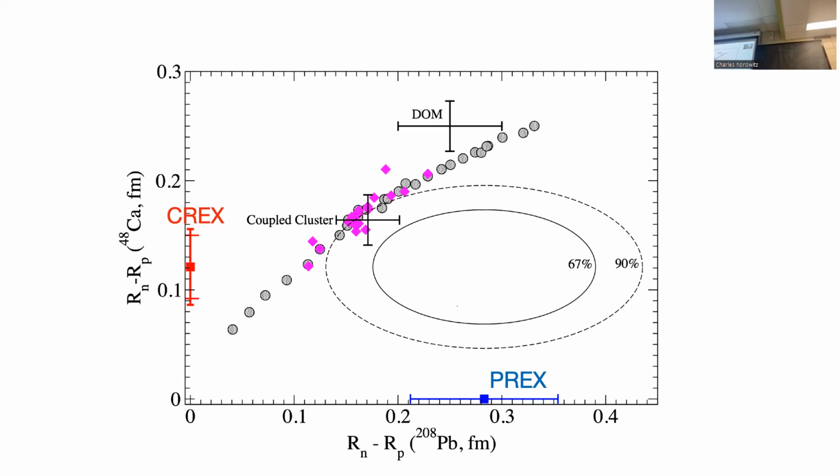Now, is PREX just a statistical fluctuation, or is it really telling you that the pressure may be a little bit higher than you expected? We really would like to reduce this error and make a better measurement of PREX, and that's the motivation for MREX at Mainz.